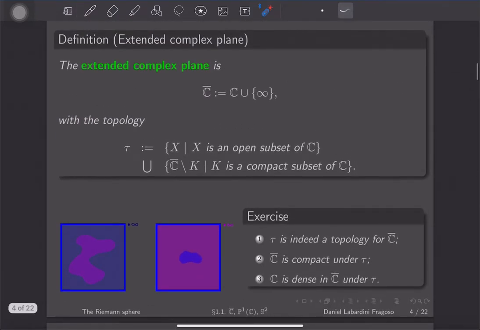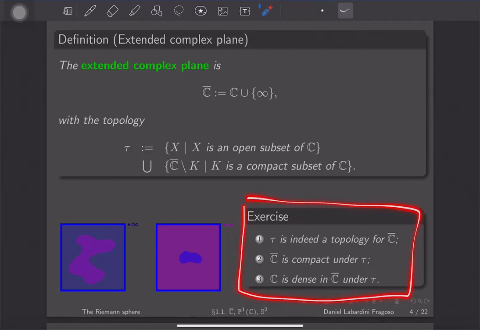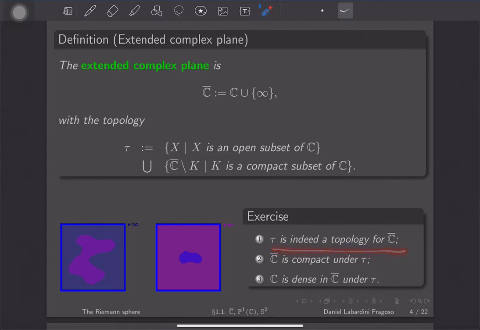And of course, there is the first thing, right? Is this indeed a topology? Well, exercise. It's actually an easy exercise. C bar turns out to be compact under this topology. That is, every open cover of C bar by opens belonging to this tau has a finite subcover.